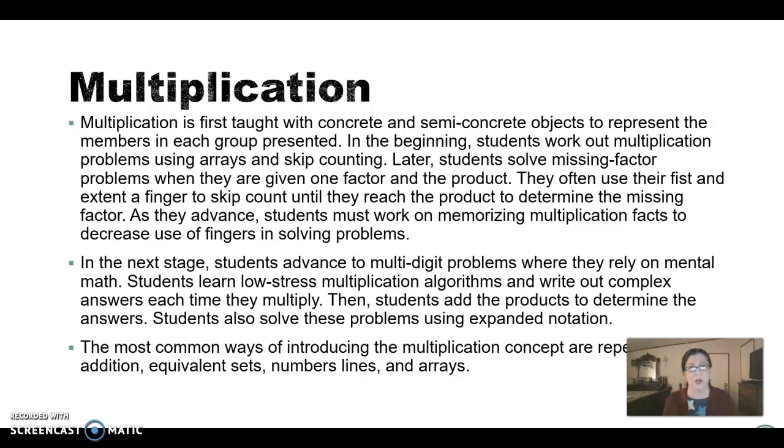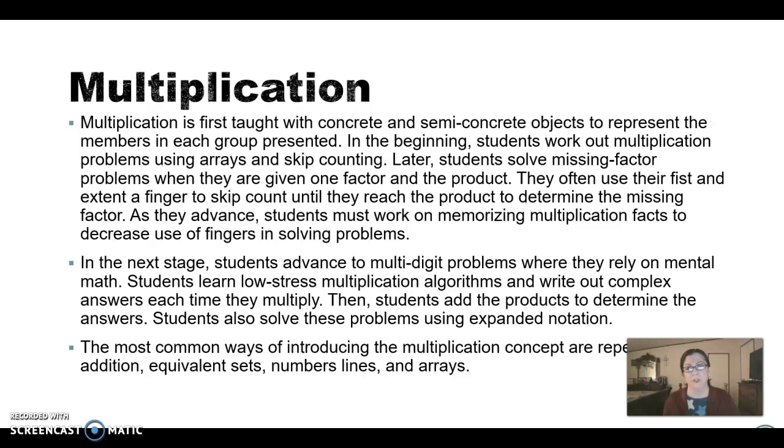Multiplication is first taught with concrete and semi-concrete objects to represent the members in each group presented. In the beginning, students work out multiplication problems using arrays and skip counting. Then later, students solve missing factor problems when they are given one factor and a product.